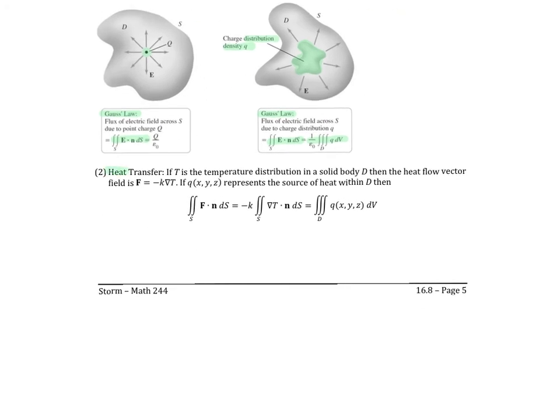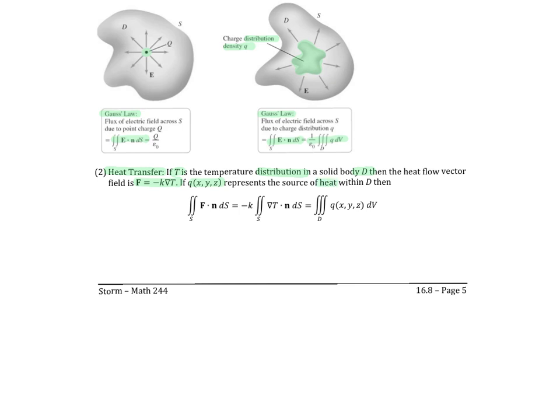Another common application would be in heat transfer. So if you have some temperature distribution over a solid body D, then the heat flow, again, flow is flux, can be seen with this vector field negative K del T. This is like the del operator of T, and Q just represents a source of heat.